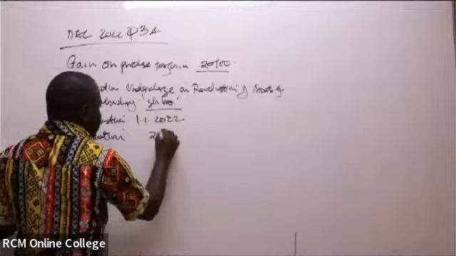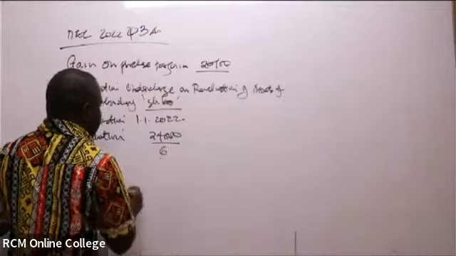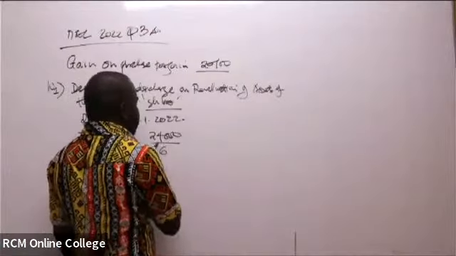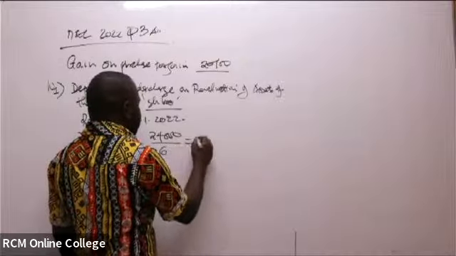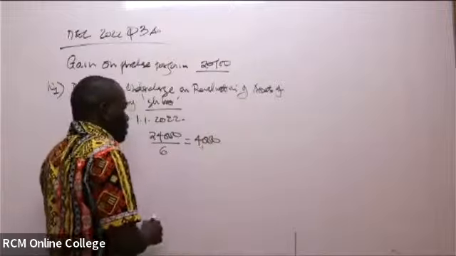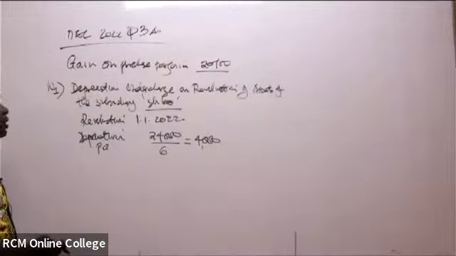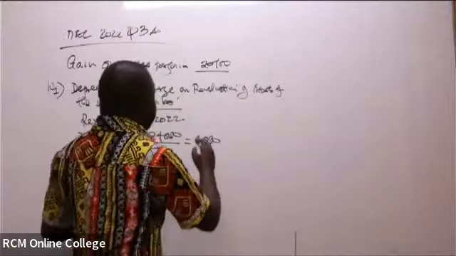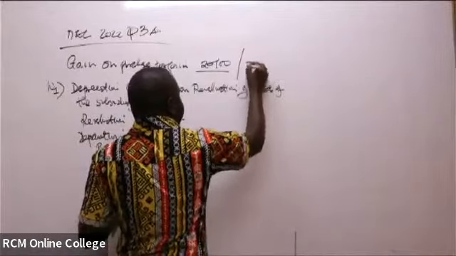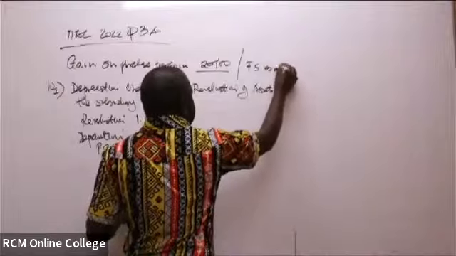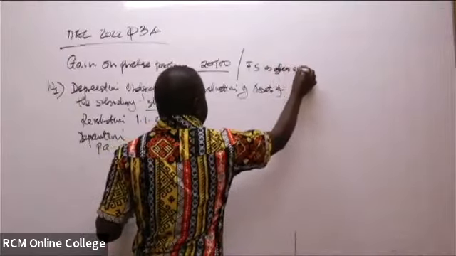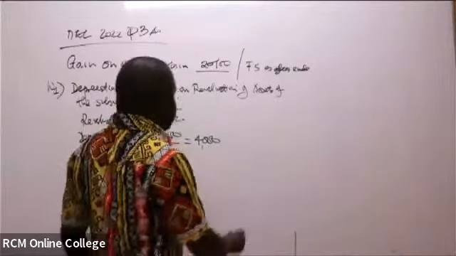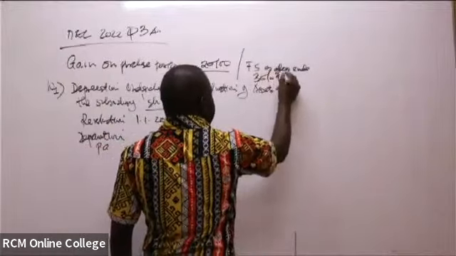You're told the useful life is 6 years. You divide by 6 so that you can get depreciation per annum. In this case, you'll get a value of 4 million. But remember, we are only considering this asset to have been in the business for 9 months because we are preparing financial statements as for year end 30th of September 2022.